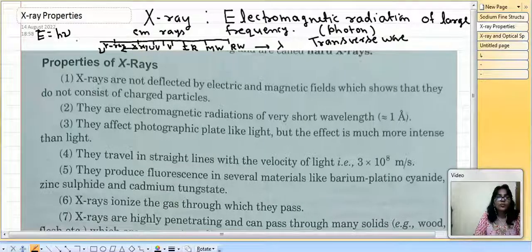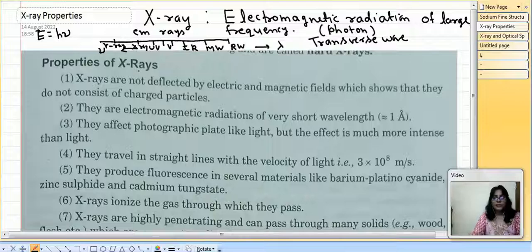So you might have heard that X-rays are harmful, and therefore one should not go frequently for X-ray imaging, whereas infrared, microwave and radio wave are not harmful. They are in our surroundings, but X-rays are very harmful.